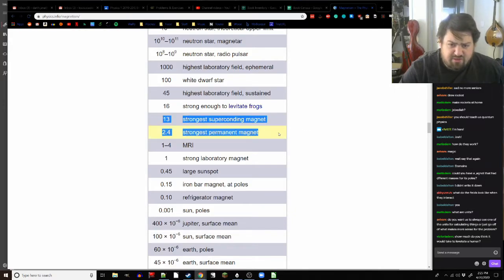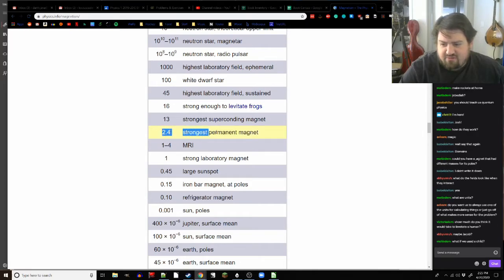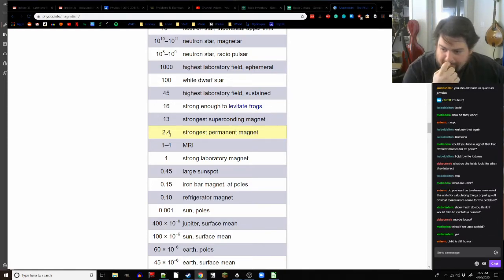So yeah, strongest superconducting magnet is 13 Tesla. Strongest permanent magnet. What if we used a child? Okay, yeah, sure. I think the strongest magnet that I have interacted with was a huge electromagnet in my college lab, and it was somewhere over 2 Tesla. We think it was around 3 Tesla.